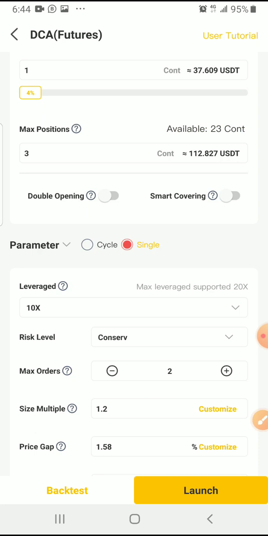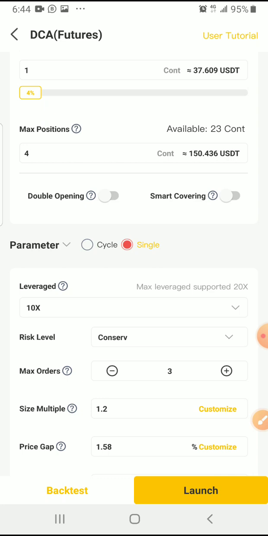So let's also increase the maximum orders to 3. Maximum orders 3 means that when we launch this trade, it will buy the first order, and after that there are 2 more orders that it can buy.